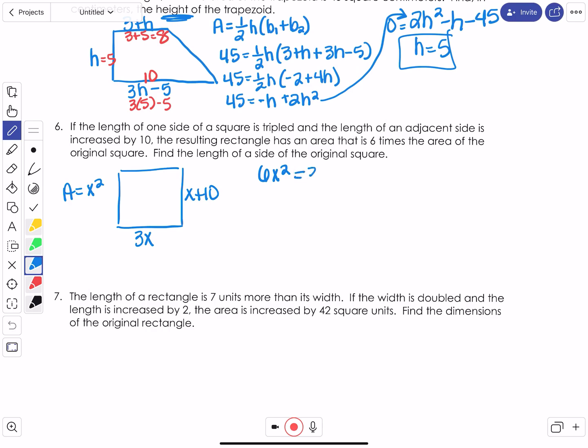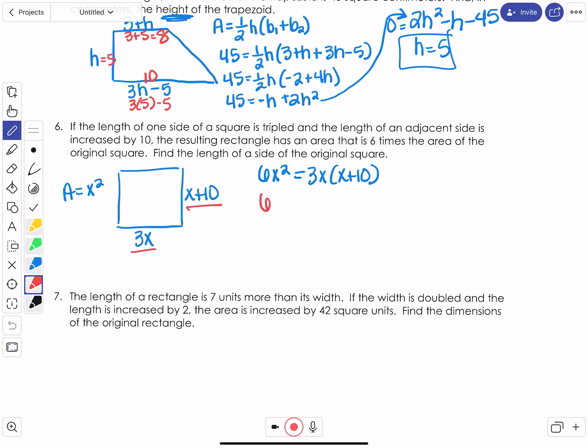And now we do 3x times x plus 10, because we would multiply this one and this one, because you would do length times width. So now we just simplify and we'll get everything on one side so we can plug it into Desmos.